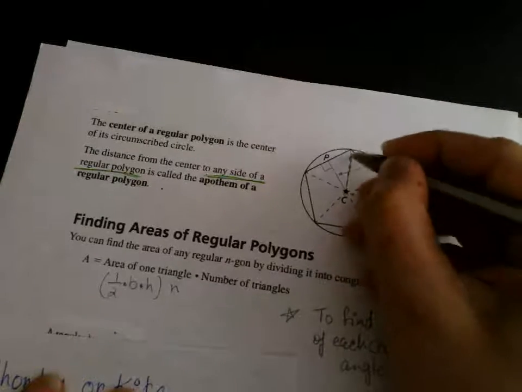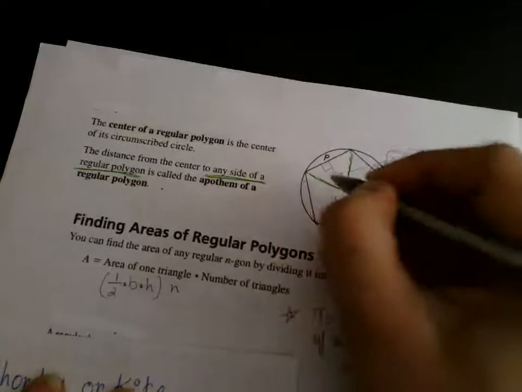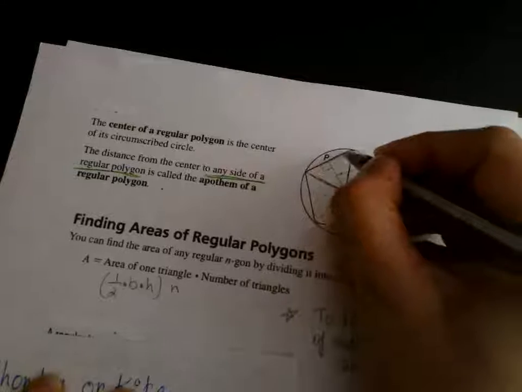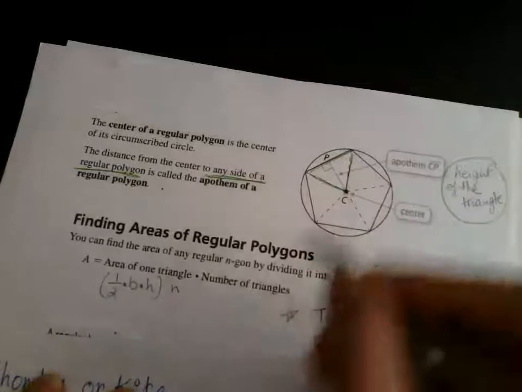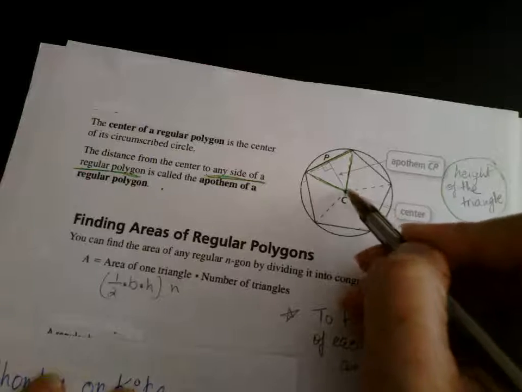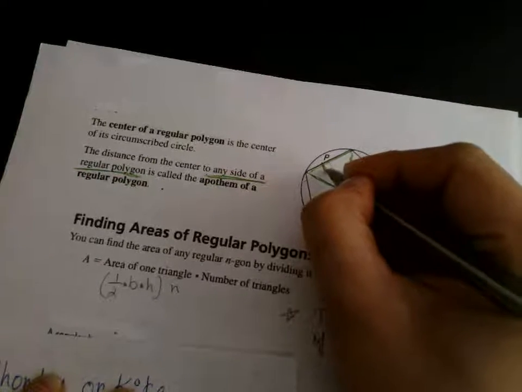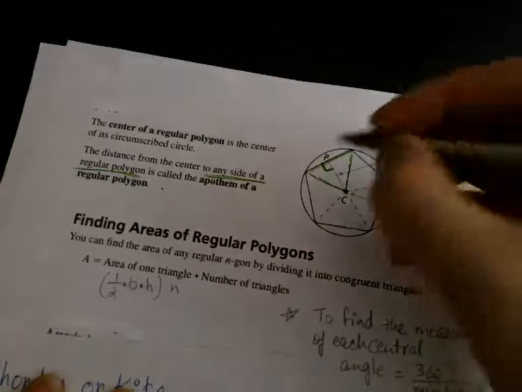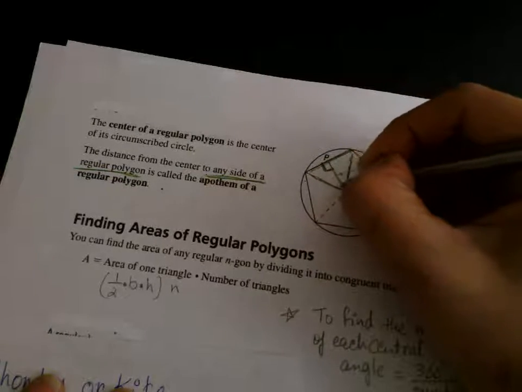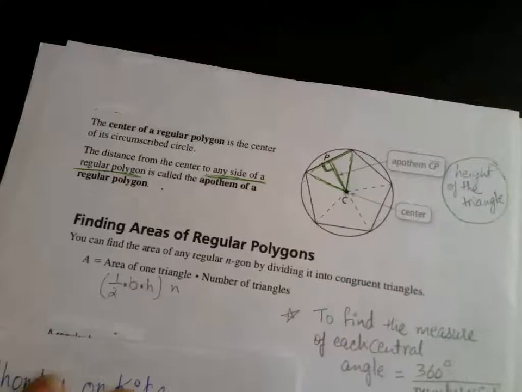If I am considering only one triangle of the polygon, then this is the base, and from the center to the base, this is forming a 90 degree. So that means this is nothing but height. It is a fancy name called apothem.